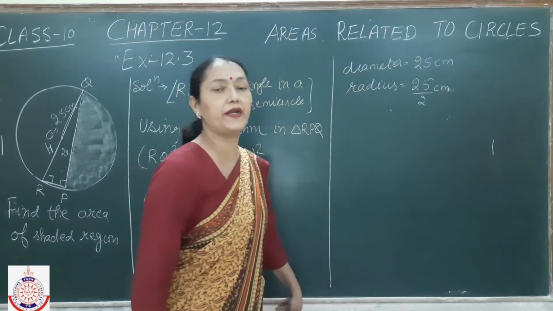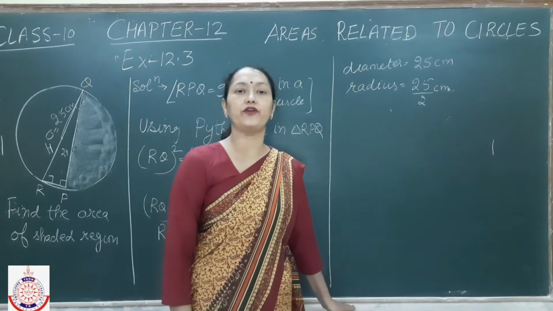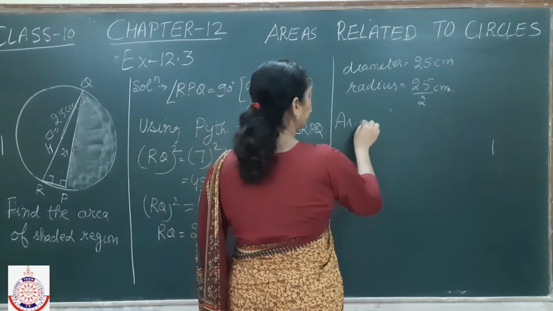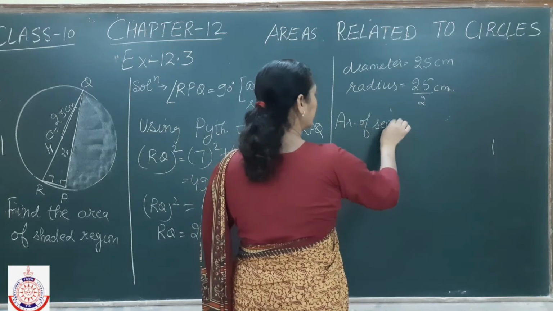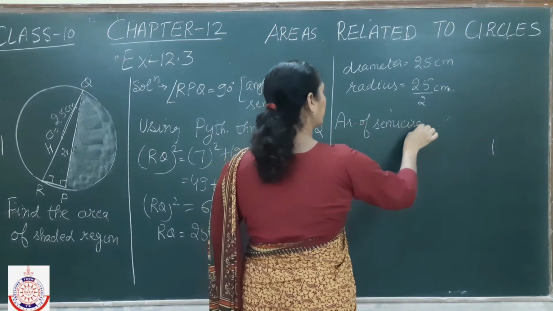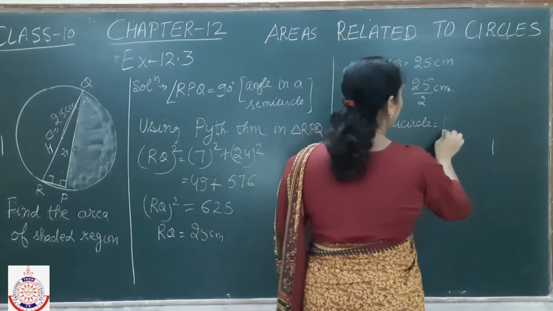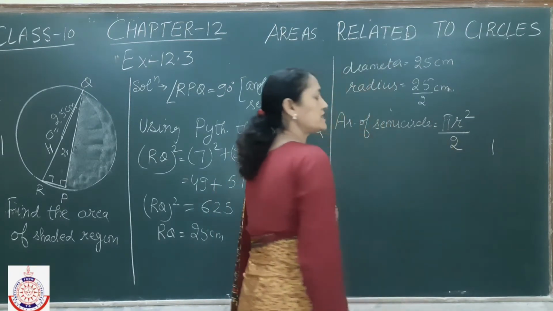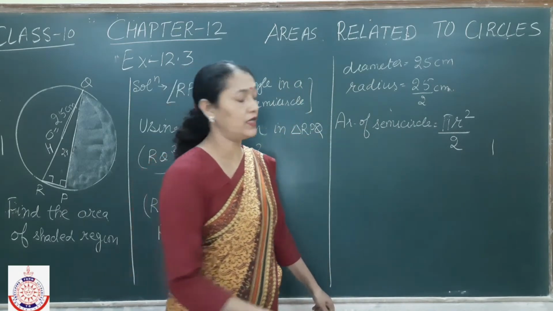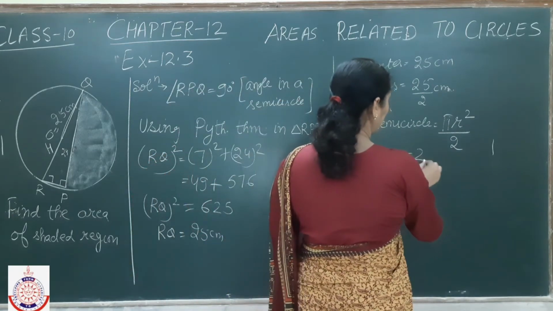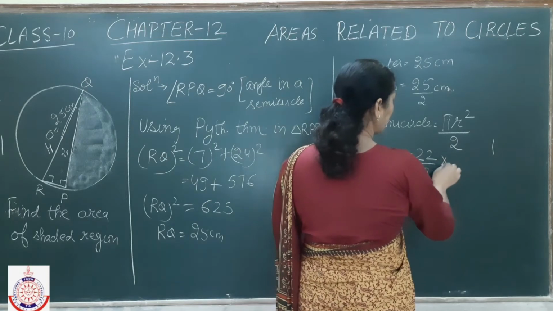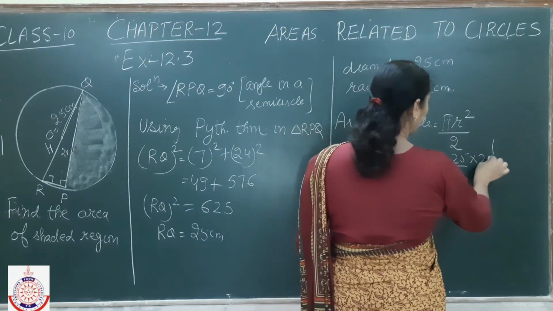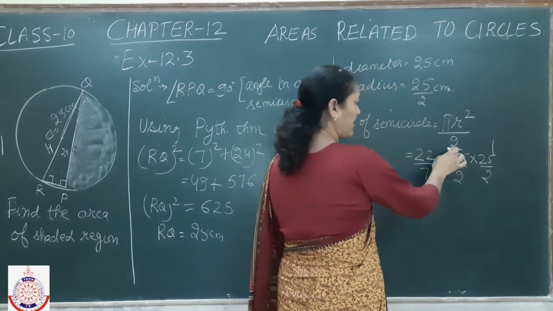Now as we have obtained the radius, we will find the area of the semicircle. The area of the semicircle will be pi r square upon 2. Semicircle means half of the circle. So pi we will take as 22 by 7. R we have obtained as 25 by 2, so 25 by 2 squared. And this half is already here.